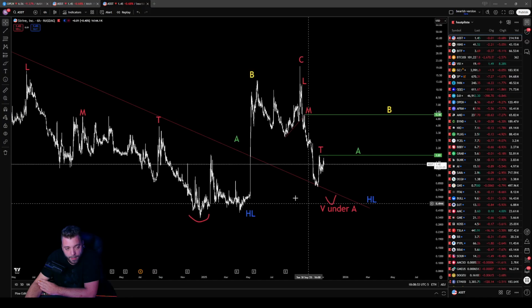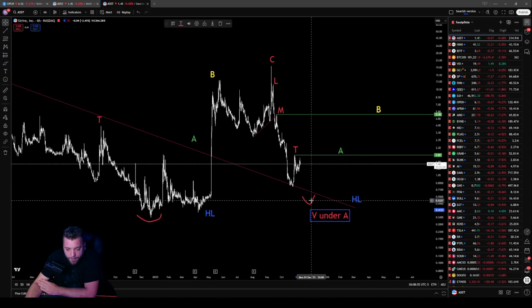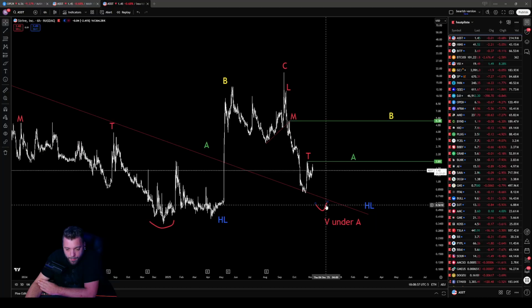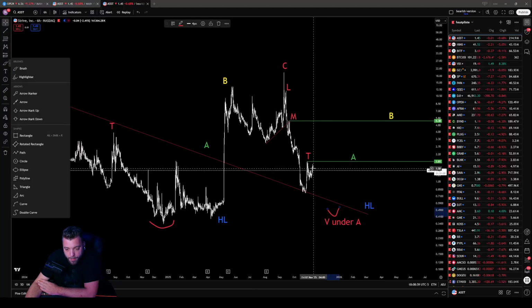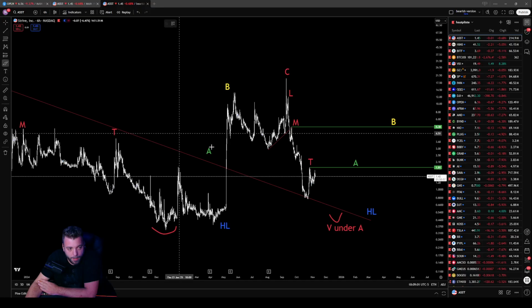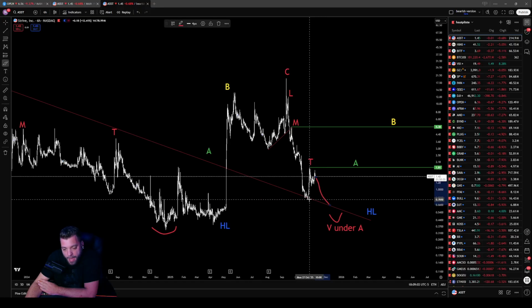On this big trend line from IPO, somewhere on this trend line, you would get your V under A, which has to be under 76 cents.